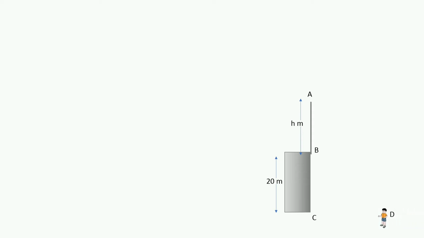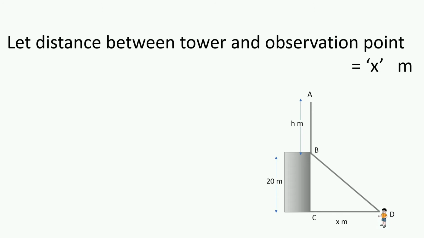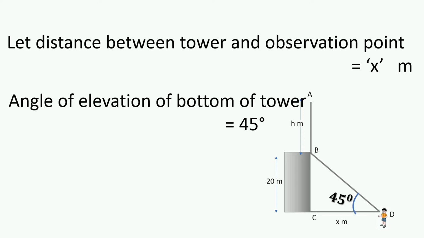Then let the distance between the observation point and the building be x meters. When the observer looks up to the bottom of the transmission tower, the angle of elevation becomes 45 degrees.